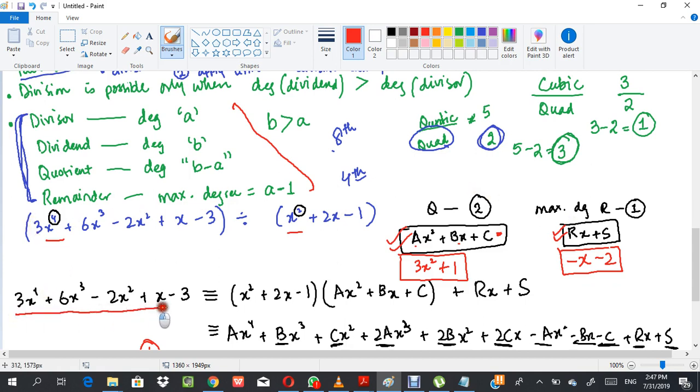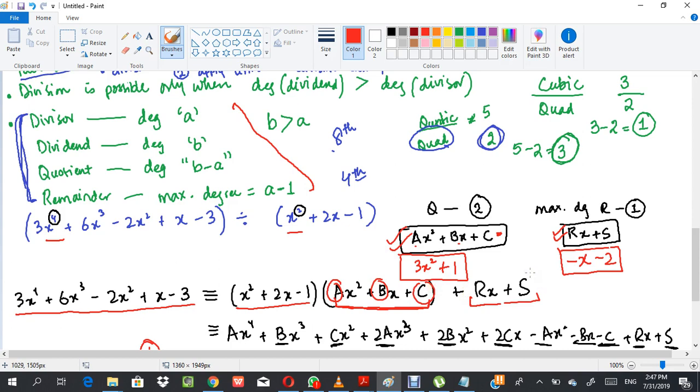We put the dividend on one side, then we multiplied the divisor by the general expression of the quotient, and we added the remainder. Now what we do is, we will carry out the multiplication here, and then we will compare the coefficients of x on the left and right sides to obtain the values of a, b, c, r, and s.